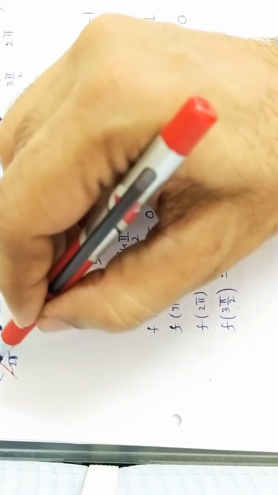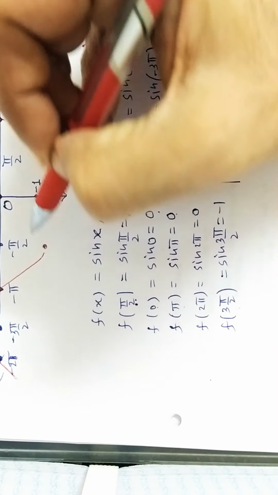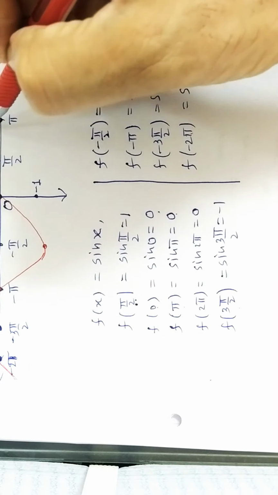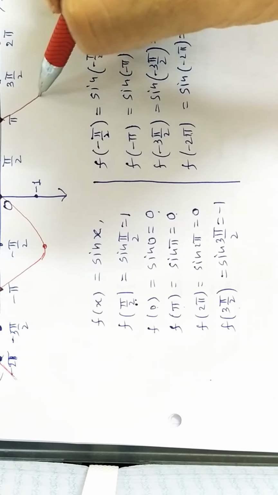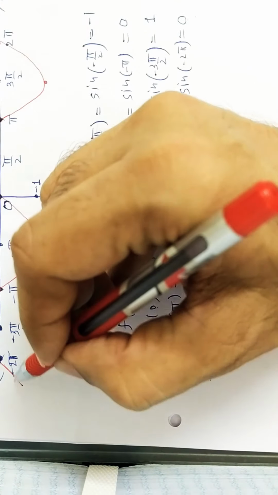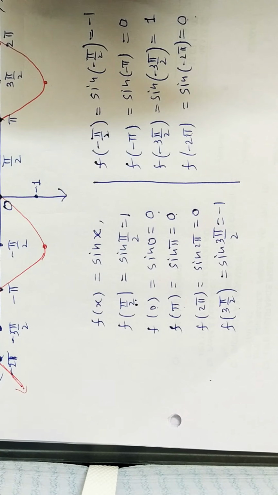Join all these points. So this is the graph of sin x, y is equal to sin x.